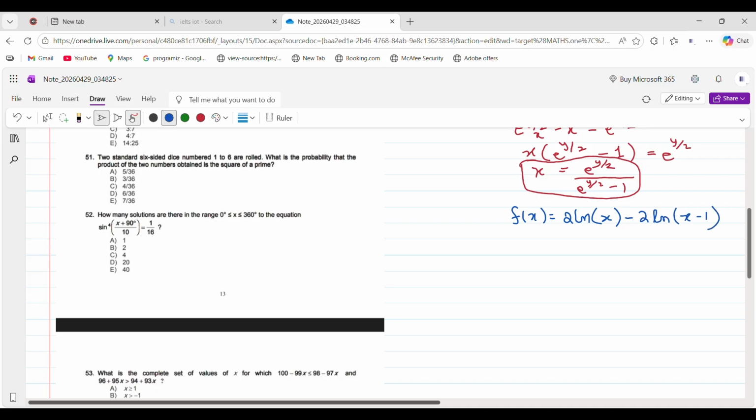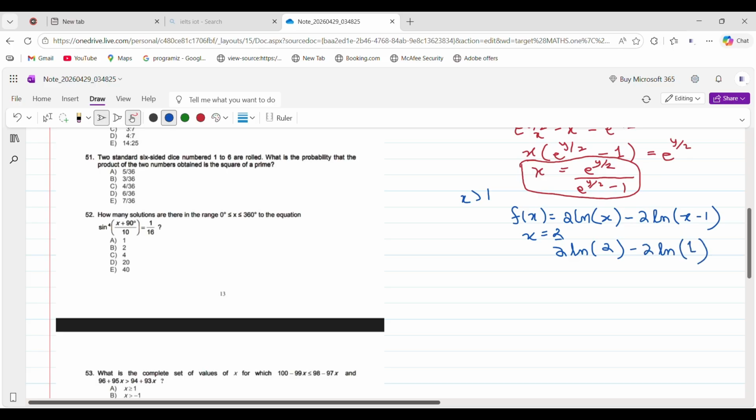So now we have to put x that's greater than 1. Let's try x equals 2, because we have to give an input that is greater than 1. So let's substitute 2 instead of x. So 2 ln 2 minus 2 ln (2 minus 1), which would be ln 1.